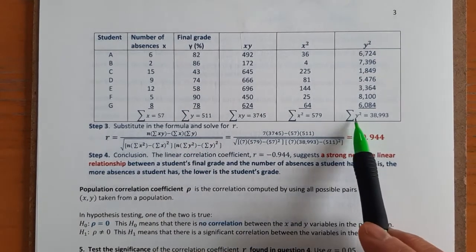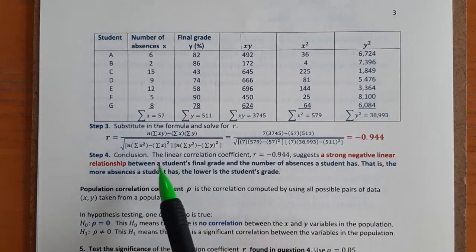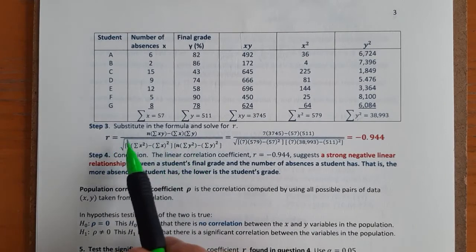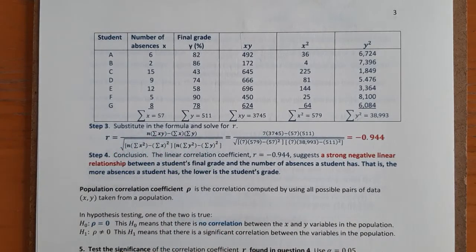So we need to figure out summation of xy, summation x, summation y, summation of x squared, and summation of y squared, and plug them into this R formula. Then we can figure out R, the linear correlation coefficient.